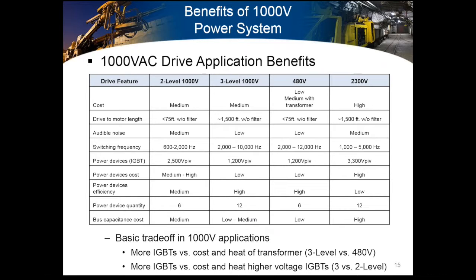In comparison of a 3-level to a 2-level on a higher voltage drive, you definitely get the benefits of the smaller voltage on each drive IGBT with the tri-level compared to 2-level with a much higher voltage device and the losses associated.